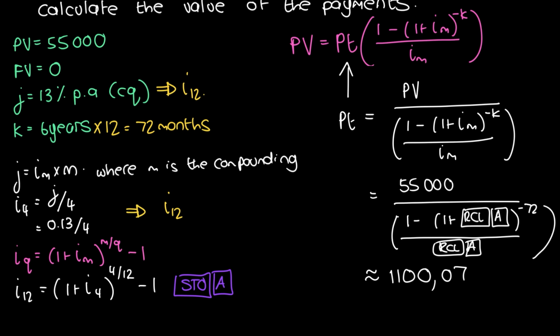So it's 1100.07. And just a quick note that the I12, when you put it into your calculator and before you store it, is going to be 0.01071, etc. So you can see where you're heading.